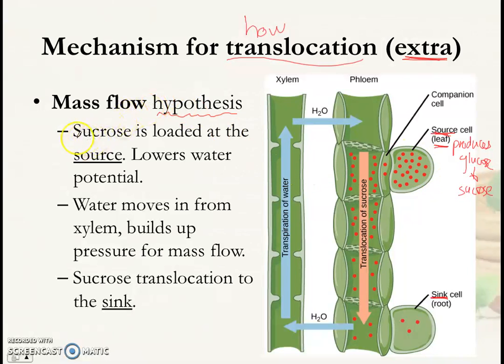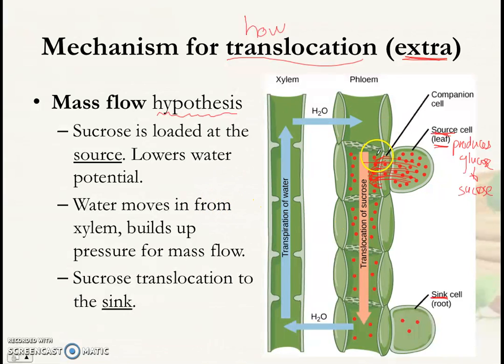What people think is that sucrose is loaded at the source. From the source, it loads the sucrose into the phloem. This takes energy, probably through active transport. All the sucrose is transported into the phloem.